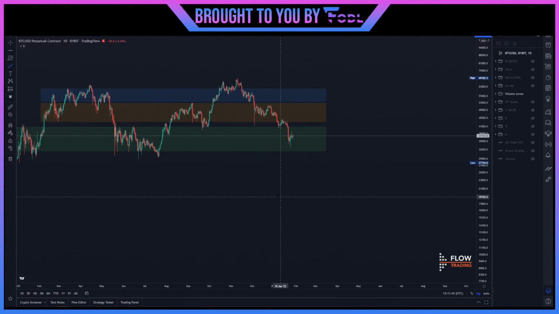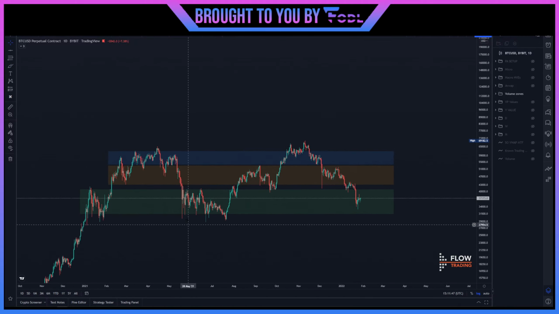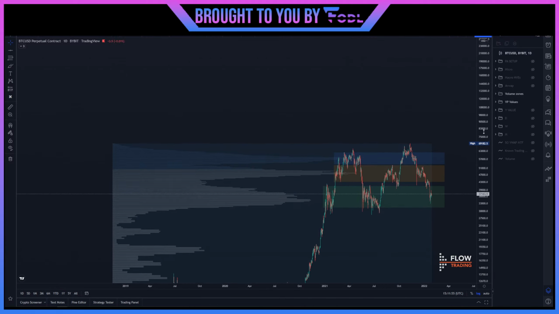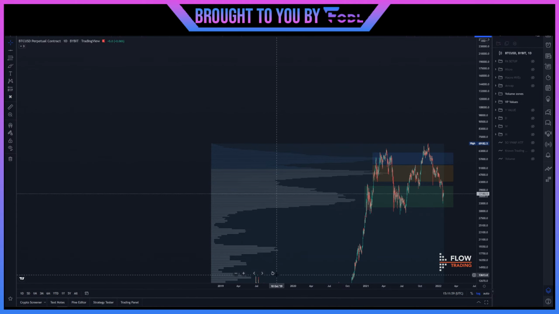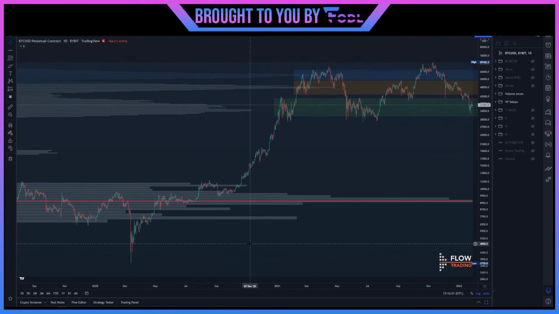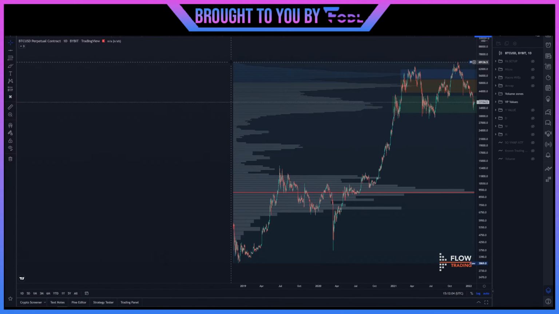Okay. So essentially, like I said to you guys before, I just get the volume profile for the year, right? Something like that. All right. So in fact, here what I've done, bear with me a second. I've put the volume profile way back.